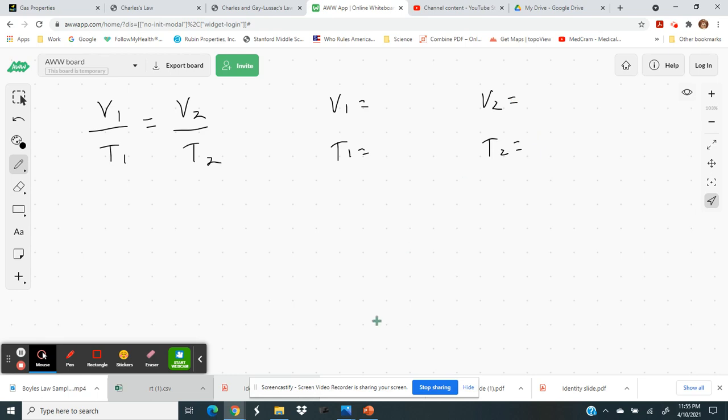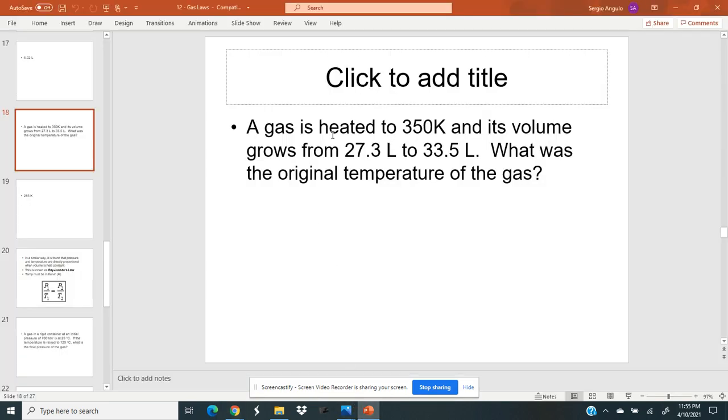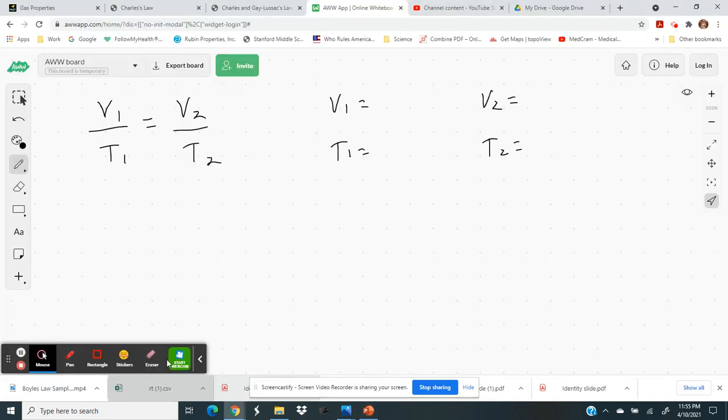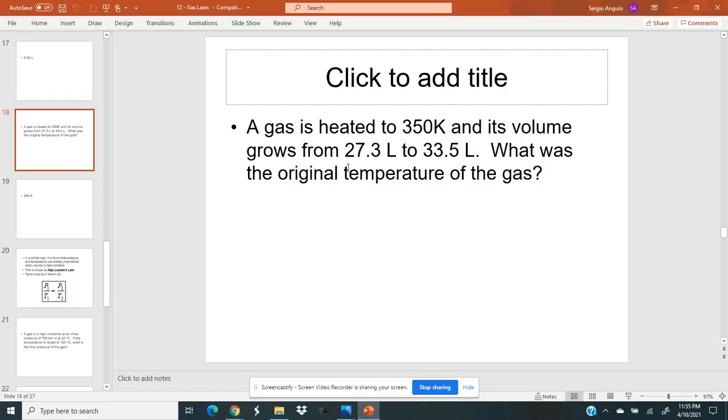All right, so what were we given? We were given 350K. That's what it was heated to, so that's T2. And what else we have is 27.3 to 33.5 liters.